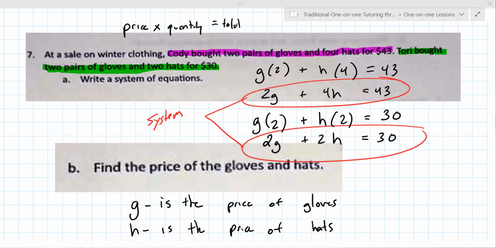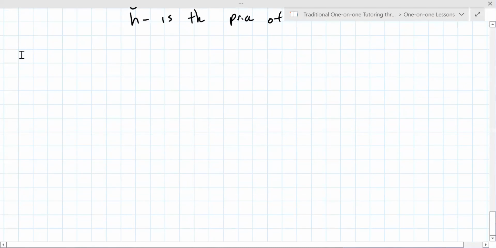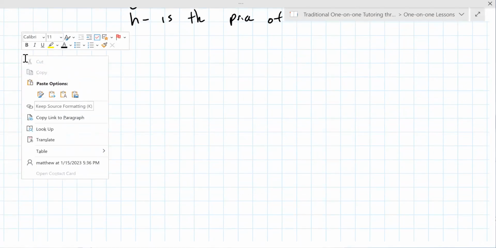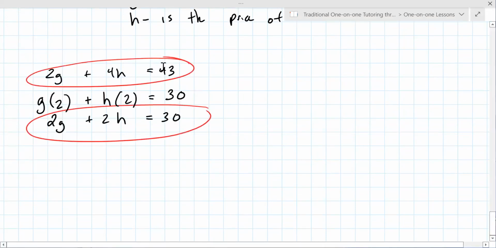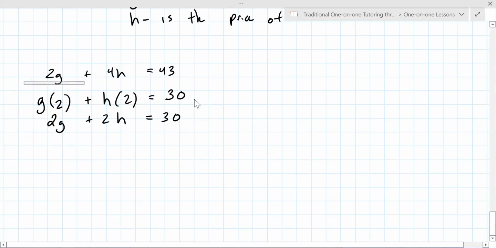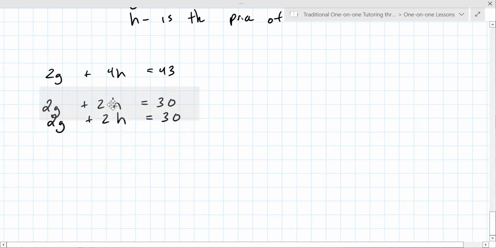Okay, so let me clear out some of this extra stuff that we don't need. All right, so this is your system. We looked at one like this a little bit earlier.